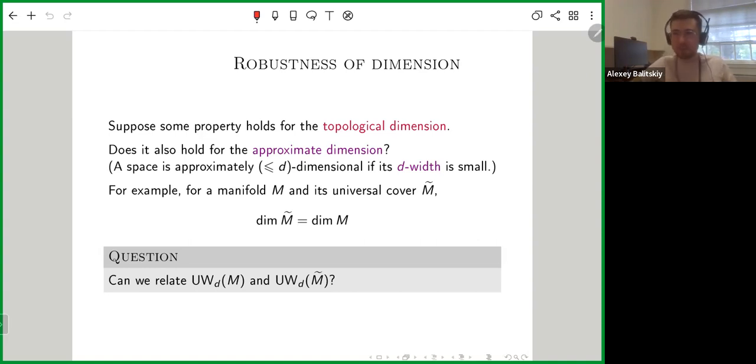So a reasonable question, a warm-up question, which turns out to be not that simple whatsoever, is to try to relate the Urysohn width of M and of its universal cover, where d is strictly smaller than the dimension. Otherwise, this is just interesting.